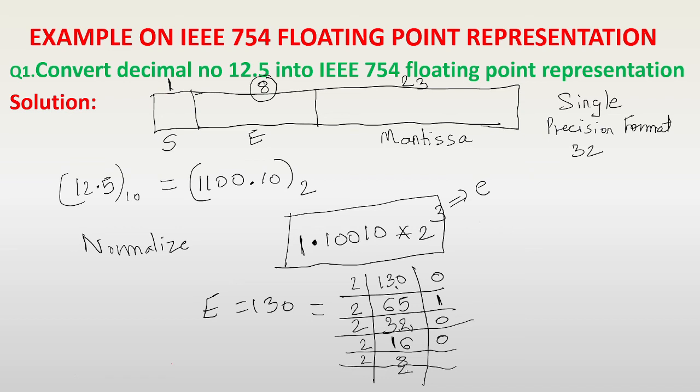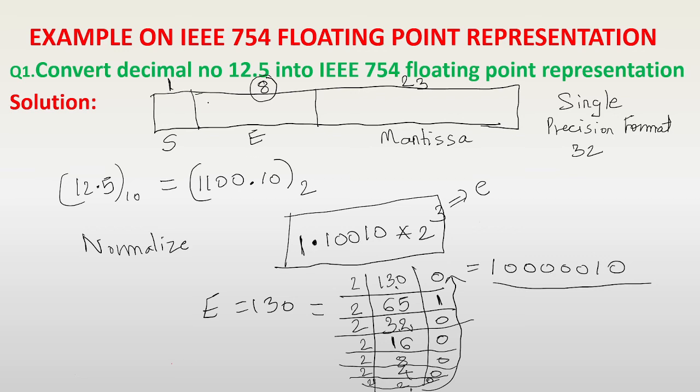Then 2 4s are 8, here also 0 will come. Here 2 2s are 4, so here also 0 will come. 2 1s are 1, so here 0 will come. So read it in the reverse position like this. So the number is 1 0 0 0 0 0 1 0. So total 8 bits we got. So 130 in binary is 1 0 0 0, then 0 0 1 0.